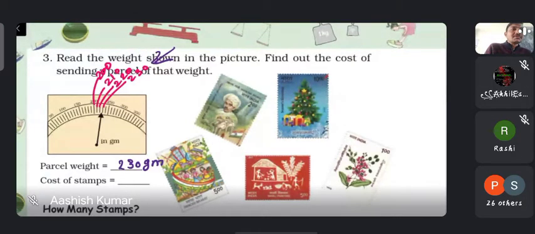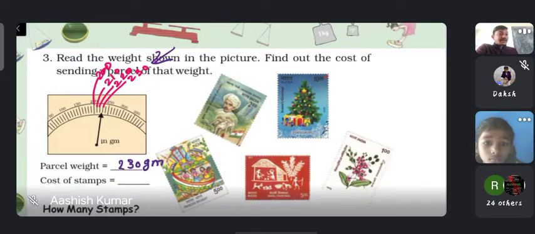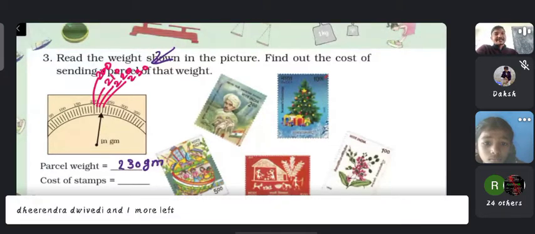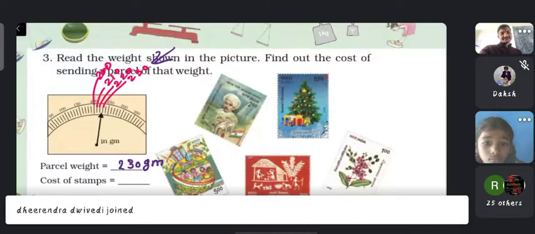You can write as in your book and solve accordingly, or you can write as written on my screen.